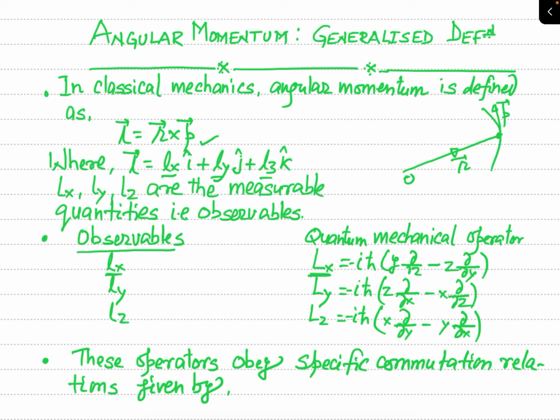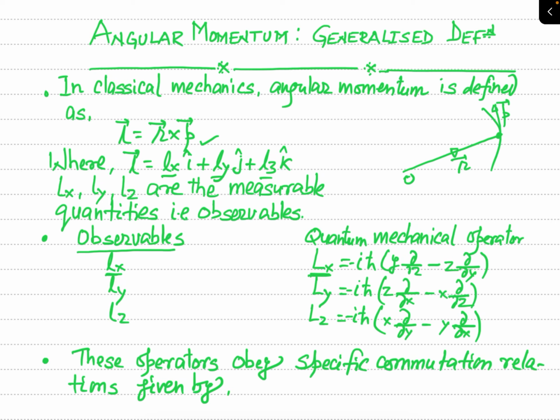In fact, you have seen in the commutator algebra, when I provided the video on commutator algebra, that these operators obey specific commutation relations which you have already proved and explained in the previous lecture.